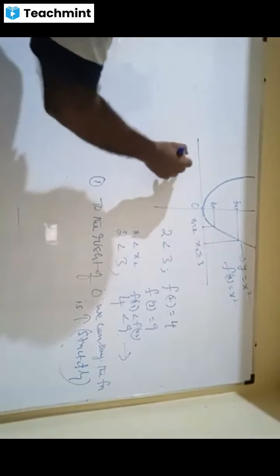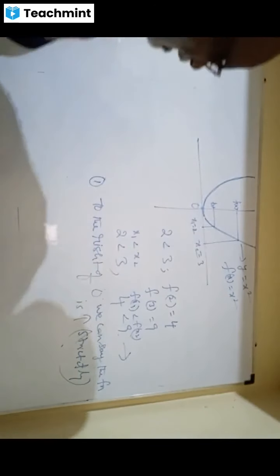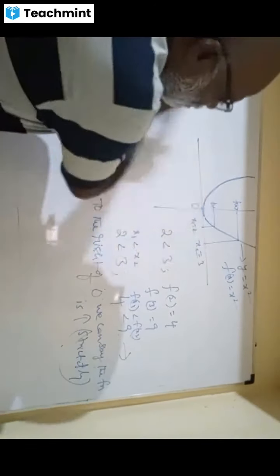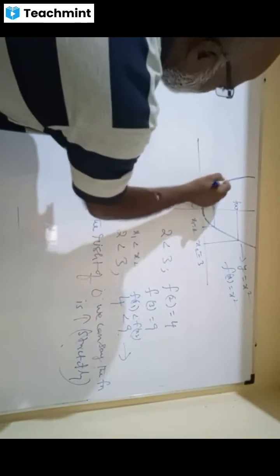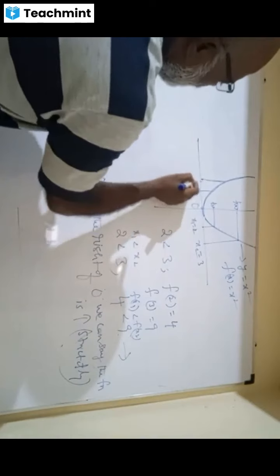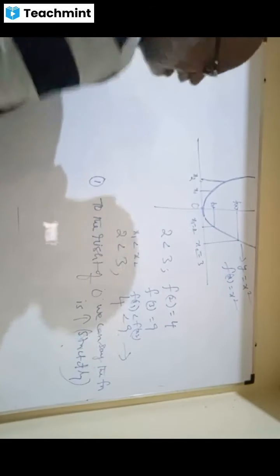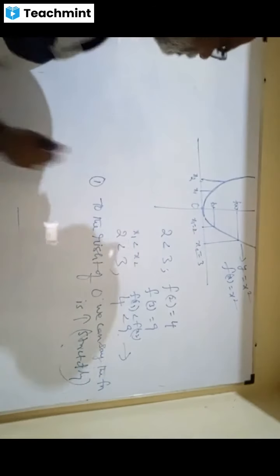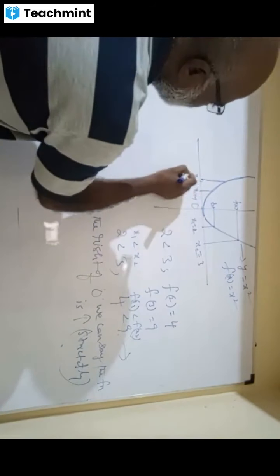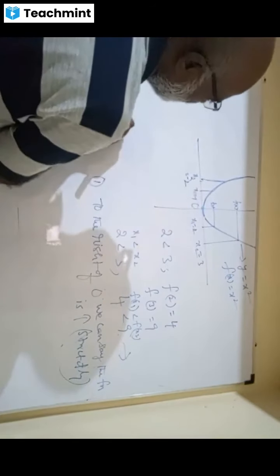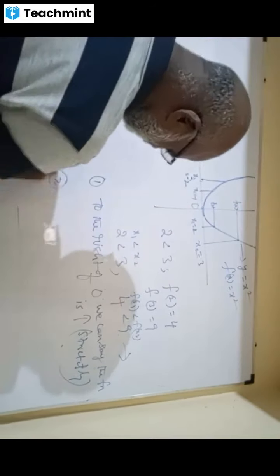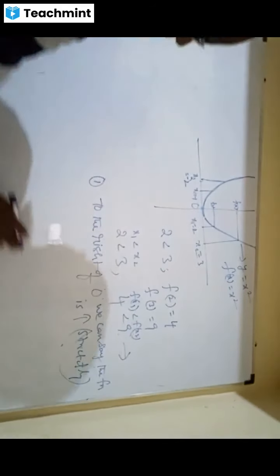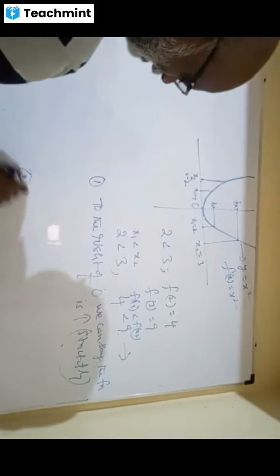Same thing, my dears. To the left of this one, you take two points here. This is called x1 and x2. Take x1 equal to -1 and x2 equal to -2, whatever.